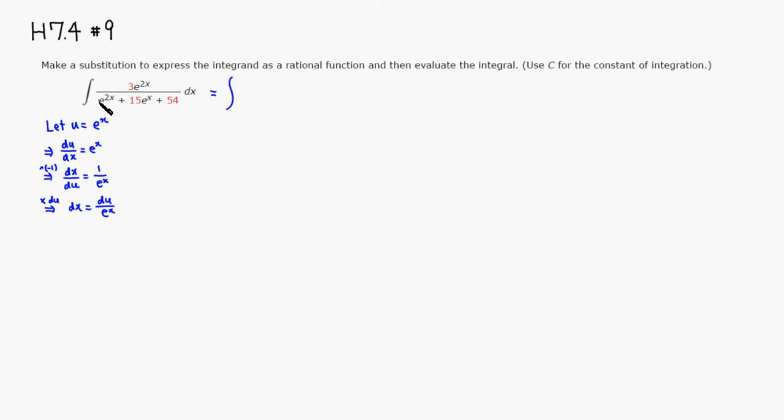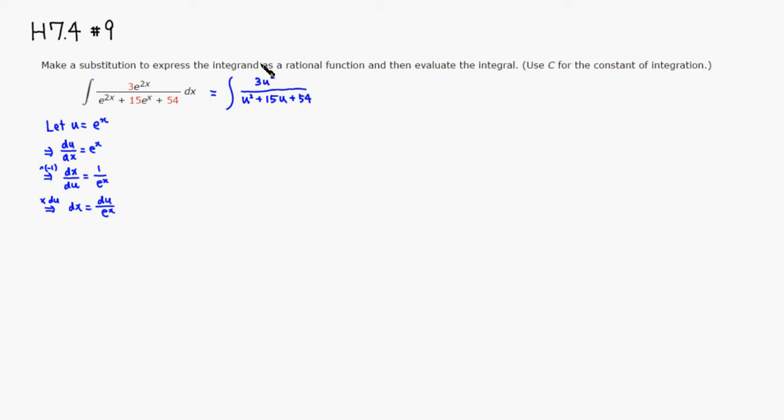Alright, so e to the 2x is just the square of e to the x. So it's going to be u squared on the bottom plus 15u plus 54. And the numerator is 3 times u squared.